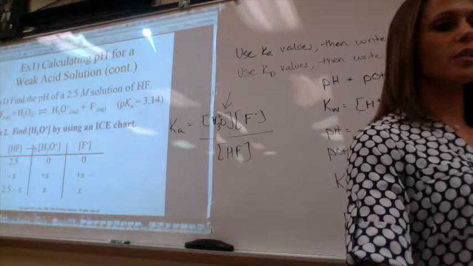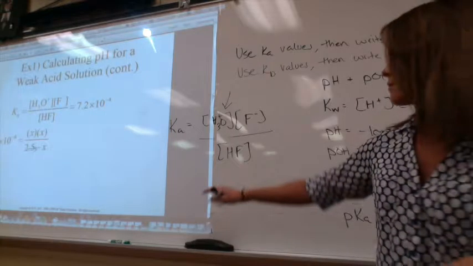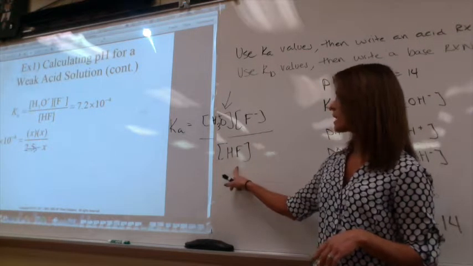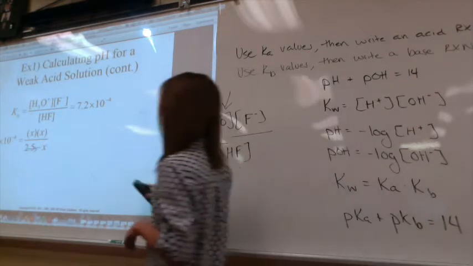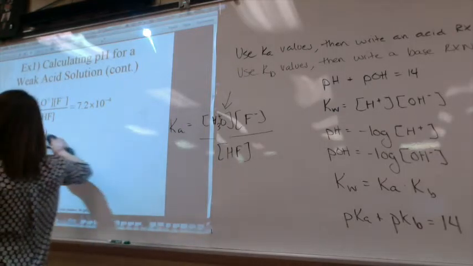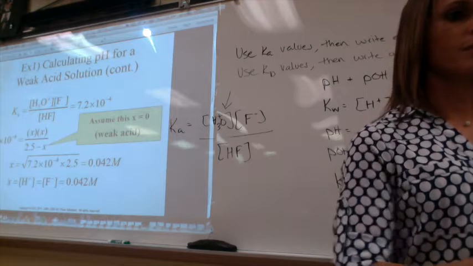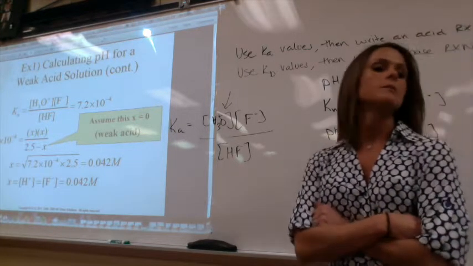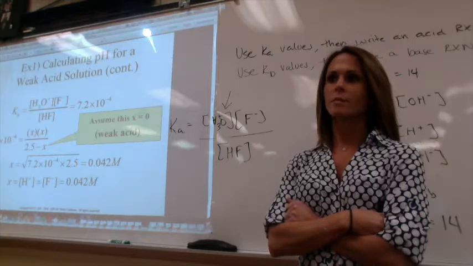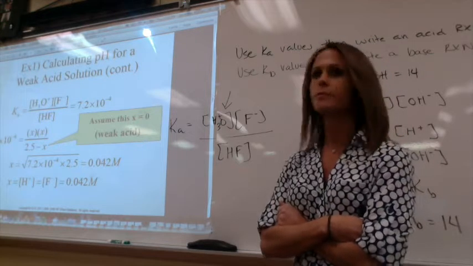Now we're going to put this into our Ka expression. So H+, F-, HF. We get rid of our little x because we assumed that it was negligible. Then we solve for x squared. Make sure you can do this in your calculator.